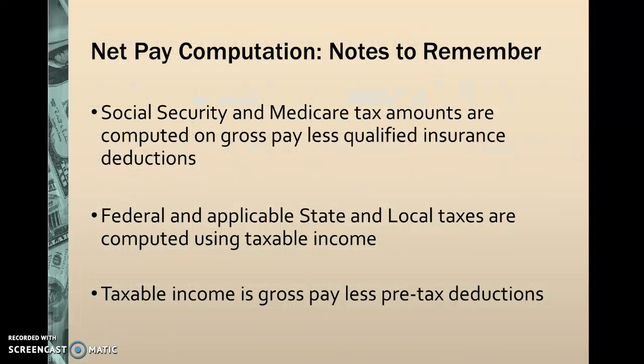Social Security and Medicare amounts are computed on gross pay, less qualified insurance deductions. So that is, keep that in mind. So you get your gross pay, take out your qualified insurance deductions, then your Social Security and Medicare tax amounts are calculated. Federal and applicable state and local taxes are computed using your taxable income. And the taxable income is gross pay less your pre-tax deductions.